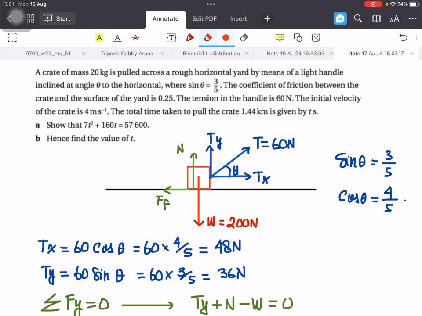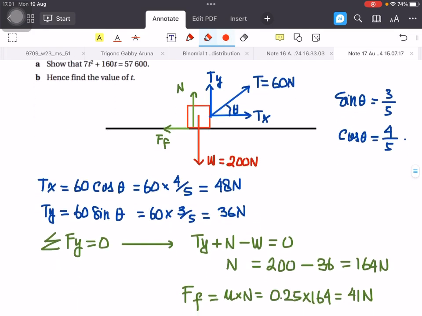Tx, as we have discussed before, is 60 cos theta. So it's 60 times 4 over 5. It's equal to 48 Newton. While Ty is 60 sine theta, it's equal to 60 times 3 over 5, equals 36 Newton.